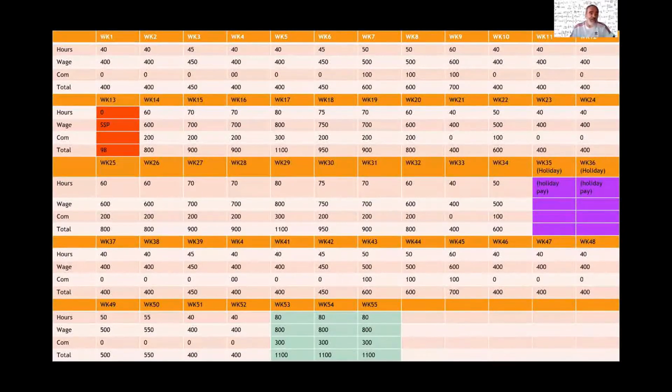And if that £98, 5 days of SSP, had been split between week 13 and 14, so they'd had 5 days SSP but it had straddled 2 weeks, then you wouldn't be knocking out that week, because you might well have a payment for both those weeks, albeit at a lower level, because they were only in for 2 days or 3 days, depending which week.